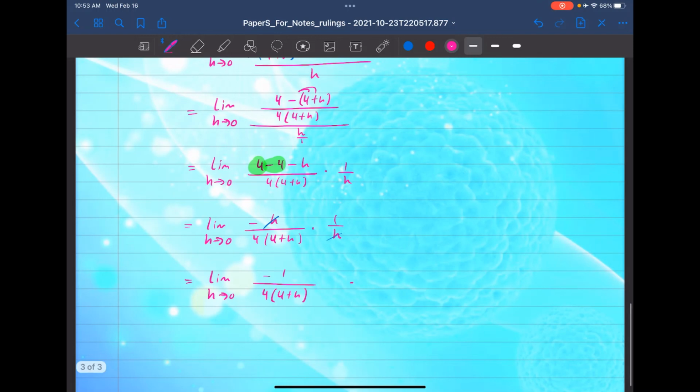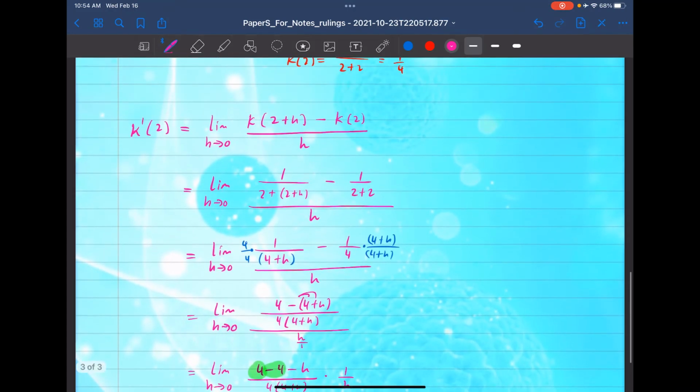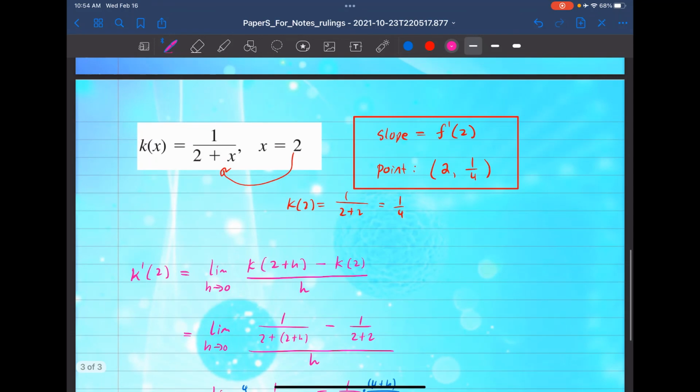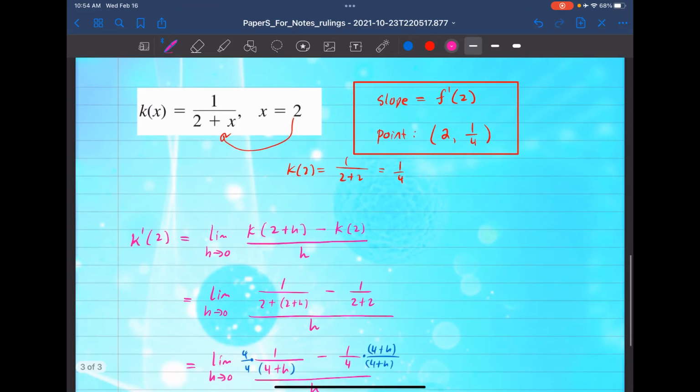Now I can plug in h equals 0. So I have negative 1 over 4 times 4 plus 0. That would be 4 times 4 on the bottom, negative 1 over 16. So that's the slope at x equals 2. So we found the slope. We have the point right here. Now let's go ahead and write out the equation of the tangent line.